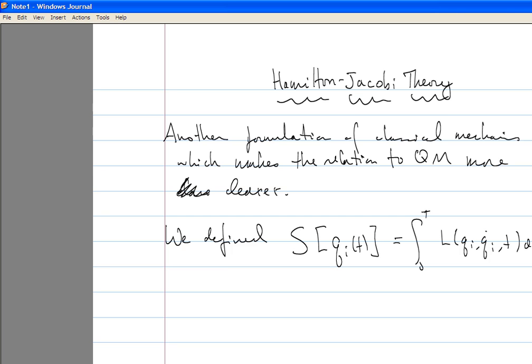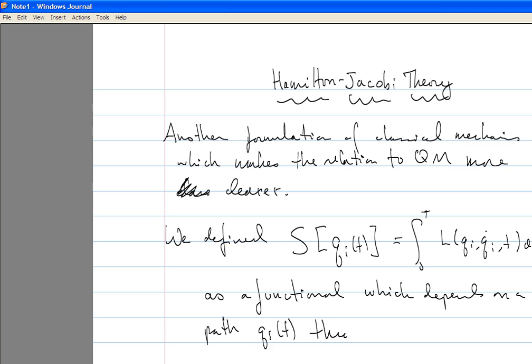And the way that one thinks about this is you think about this as a functional, meaning a function of a function, which depends on a path q_i(t) through configuration space.